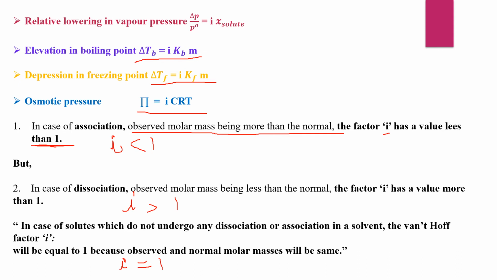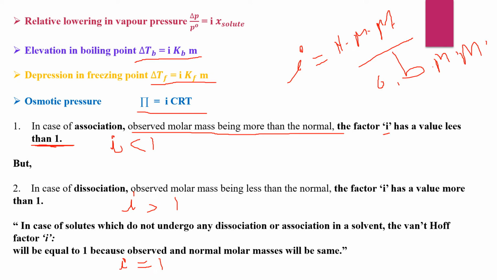This can be shown by the formula of the Van't Hoff factor: i is equal to normal molar mass divided by observed molar mass. As both values are equal, the value of i will be equal to 1.